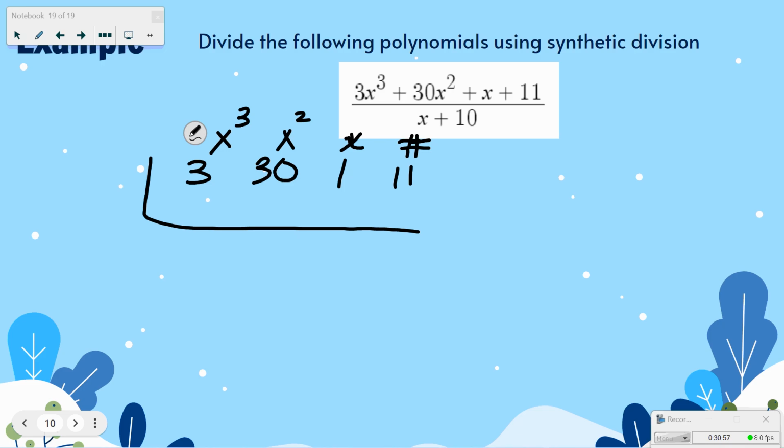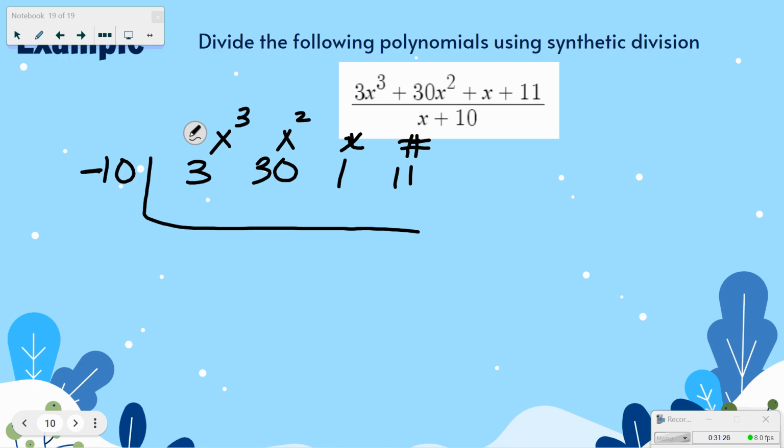So x plus 10 is that factor we're dividing by. But I want to figure out what was the 0 of that factor. Meaning, if you had the factor of x plus 10, where would the 0 have occurred? Where would you cross the x-axis? Good, Liam. -10. So -10 out here is that number we're going to use for synthetic division.